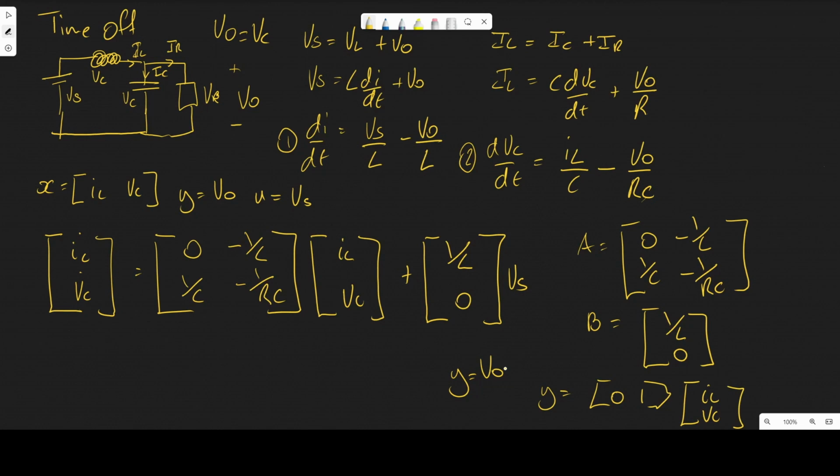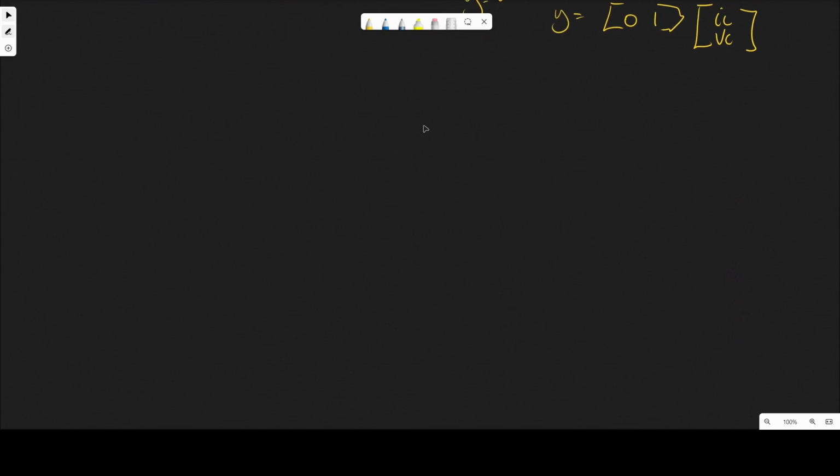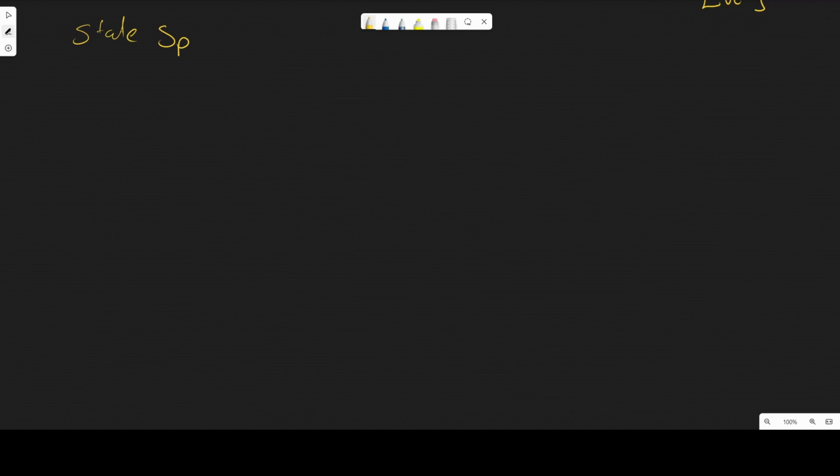Now for the next part, since we've obtained the state space form for the time off and time on circuits, the next part would be to average the state matrices and then apply perturbation to obtain the small signal transfer function. So for the state space averaging, we will write the state space equations for the time on circuit.